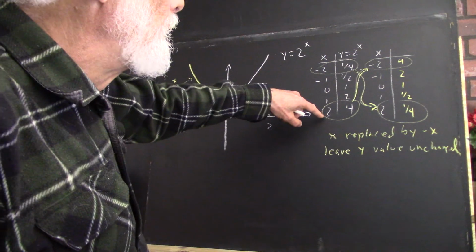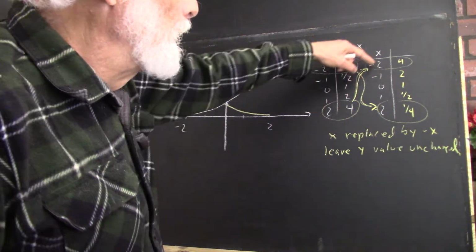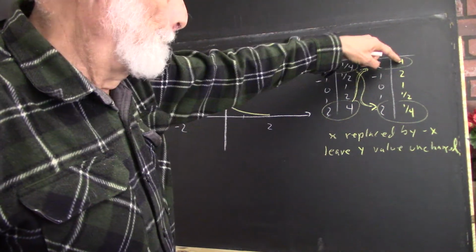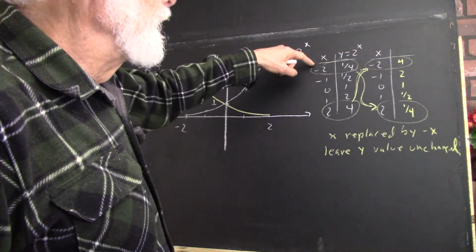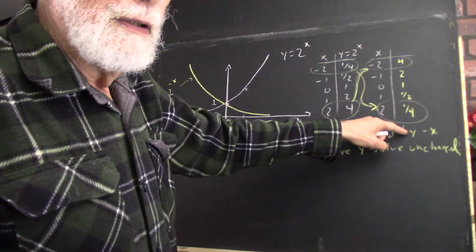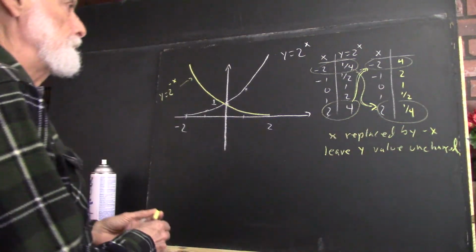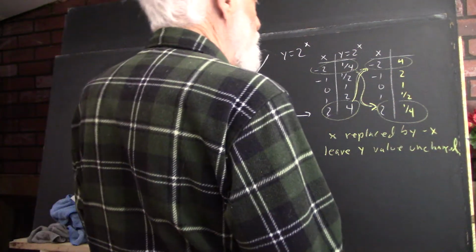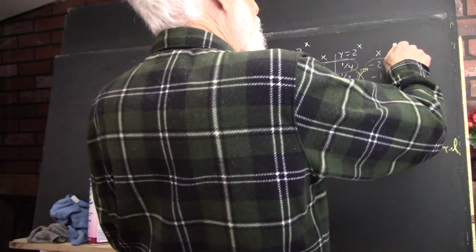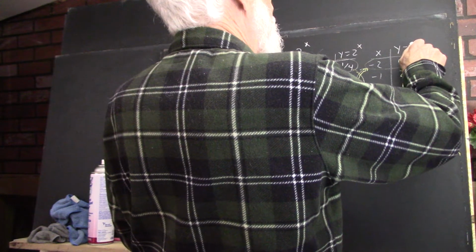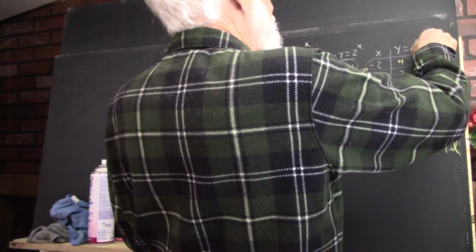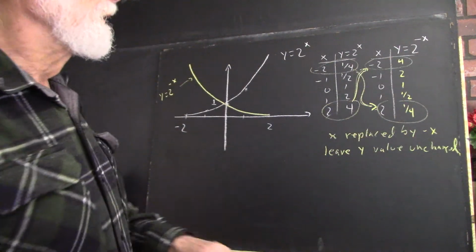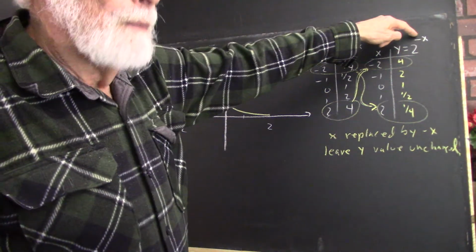In other words, replacing 2 by -2, we still get 4. Replacing -2 by 2, we still get 1/4. So this would be the graph of y equals 2 to the -x. Okay, we've replaced x by -x.